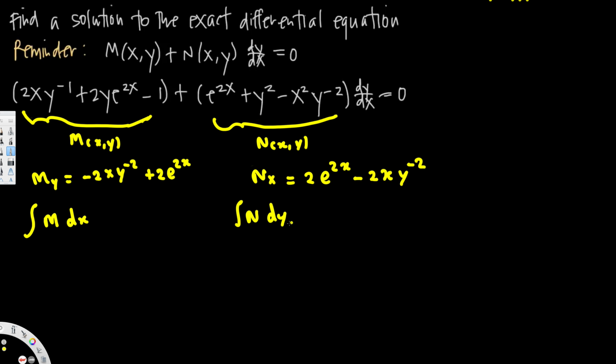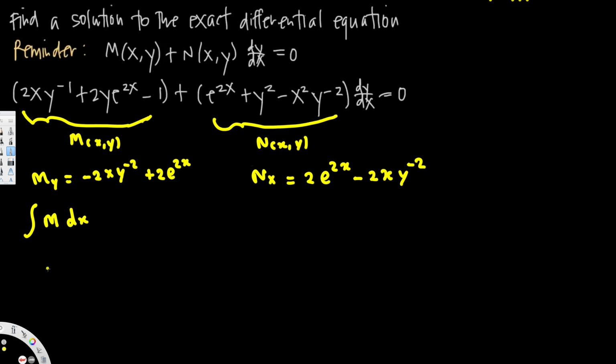But we have to look at which one is going to be easier to integrate, and here both of them are almost easy, so we can just choose one of them. Let's choose this one.